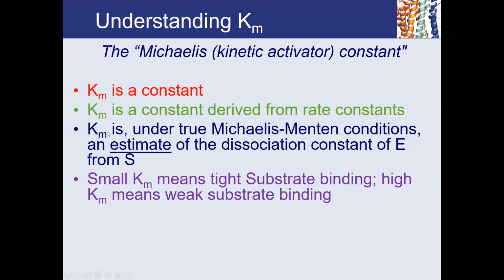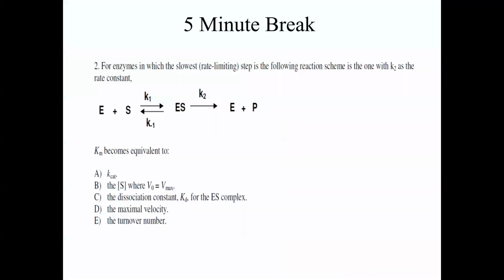So Km is an estimate. It's not actual, but it's an estimate of the dissociation constant of enzyme and substrate. It becomes Kd when K2 is the absolute rate limiting step. It becomes K minus 1 by K1.